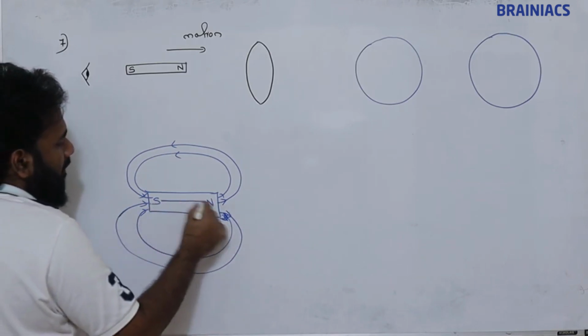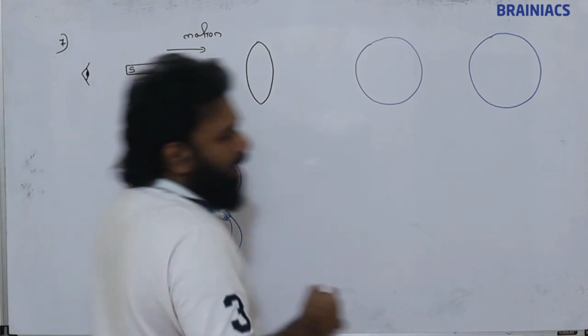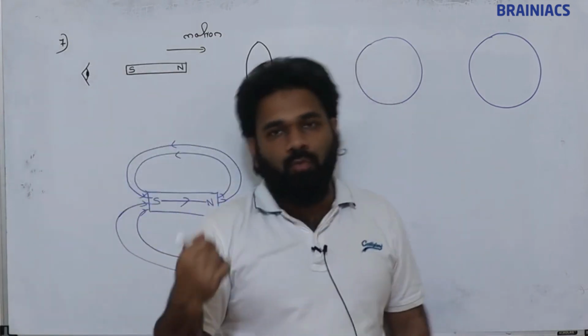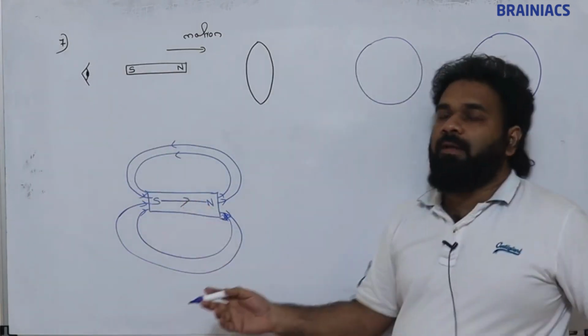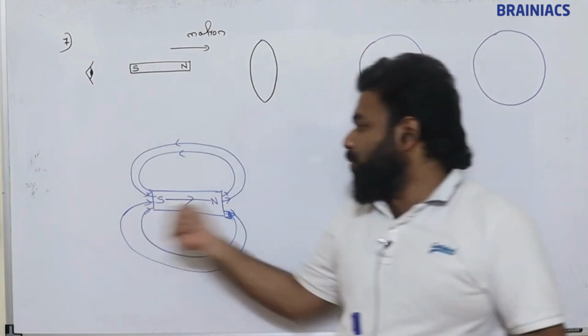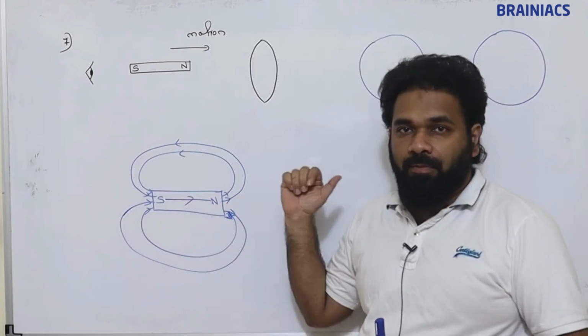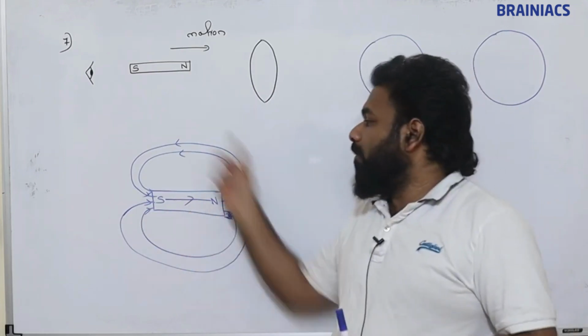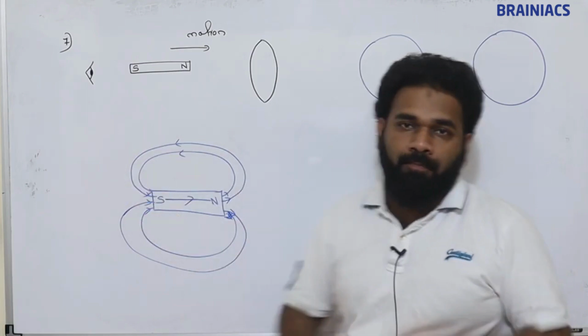Inside the magnet, the magnetic field lines will be moving from the south pole to the north pole. Outside, from the north pole to the south pole.